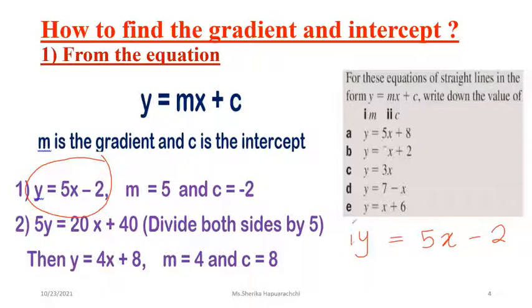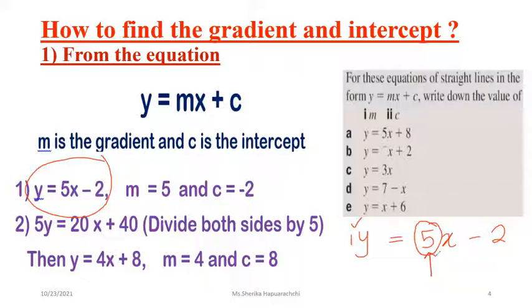Now, according to this equation, the coefficient in front of y is 1. So therefore, I can use the same equation. I do not want to make it again. So by looking, I can identify the gradient is the number which is in front of this letter x.